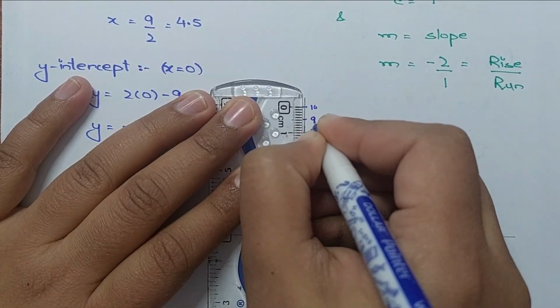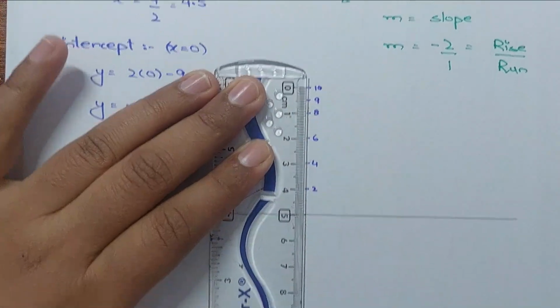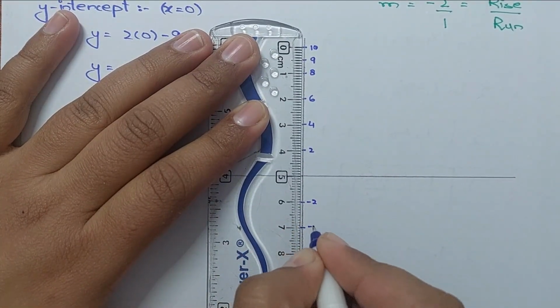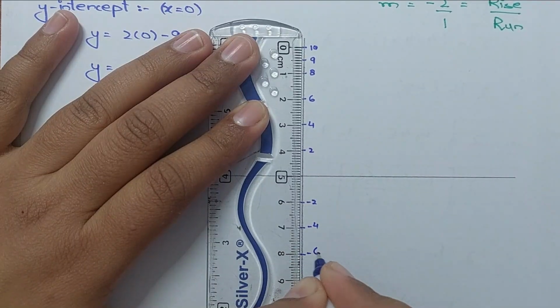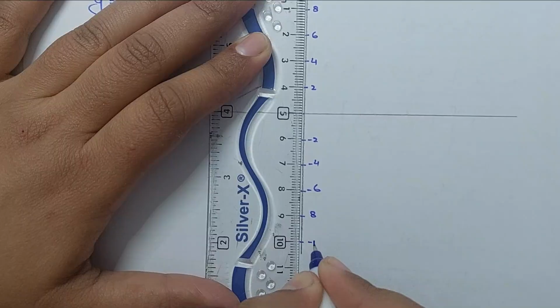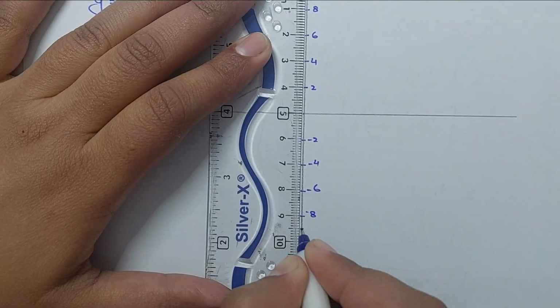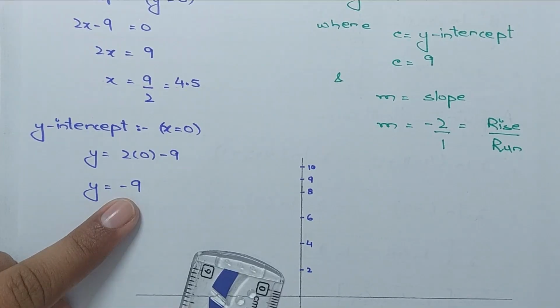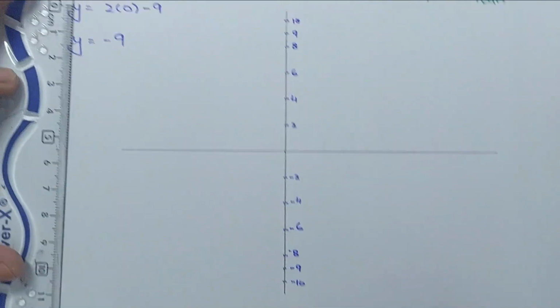Here we have 9. And at the bottom again, we have minus 2, minus 4, minus 6, minus 8, and minus 10. Here we have negative 9 because the y-intercepts are negative 9 and positive 9.